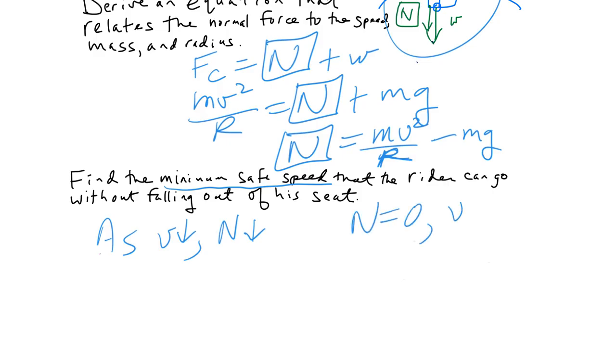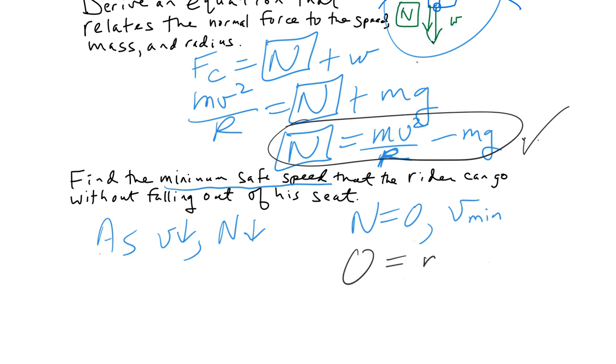You're at the v minimum to be safe. So let's use this equation that I just derived up here. So N is 0.